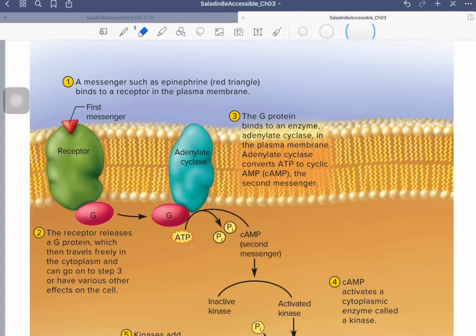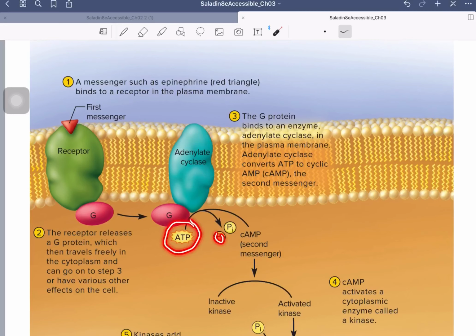So the messenger bound onto the receptor like a lock and key. The receptor activated the G protein. The activated G protein activated the adenylate cyclase. The adenylate cyclase took an ATP and pulled off two phosphates.